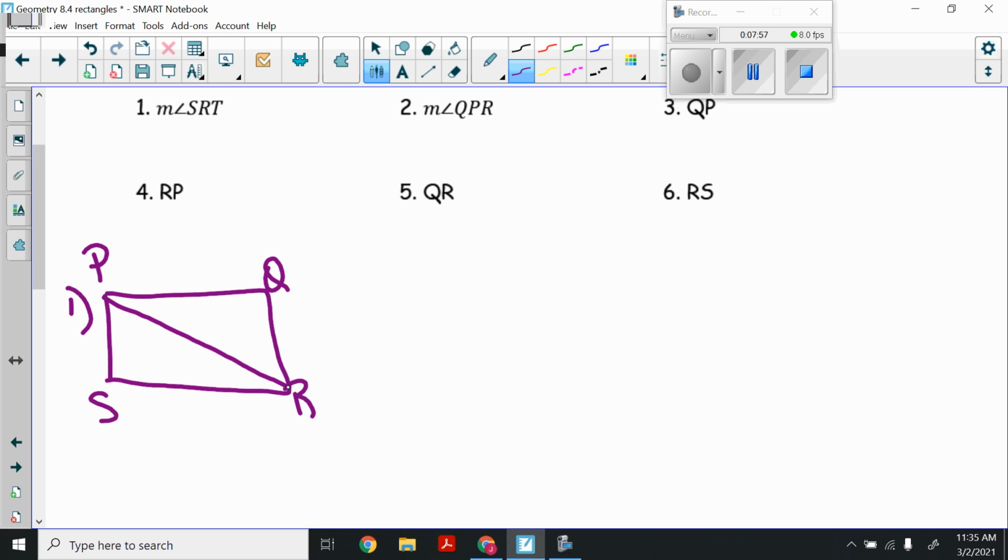Oh, sorry, I labeled my rectangle wrong. It told me that the rectangle was QRST. So QRST. So angle SRT.